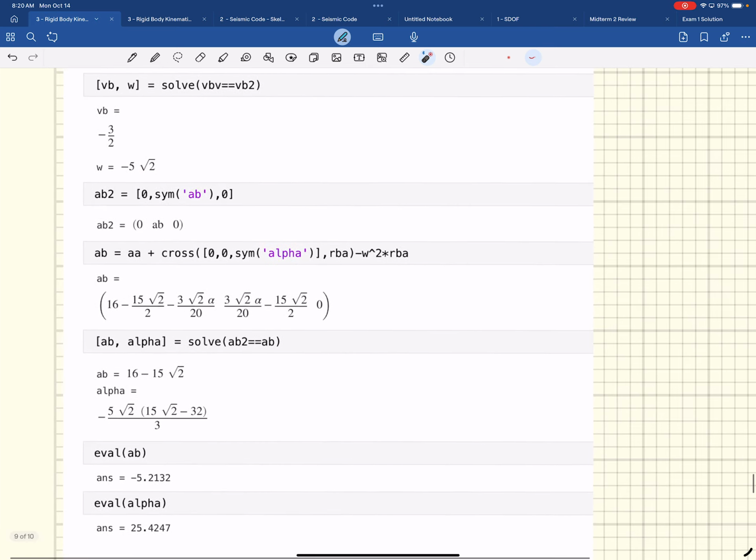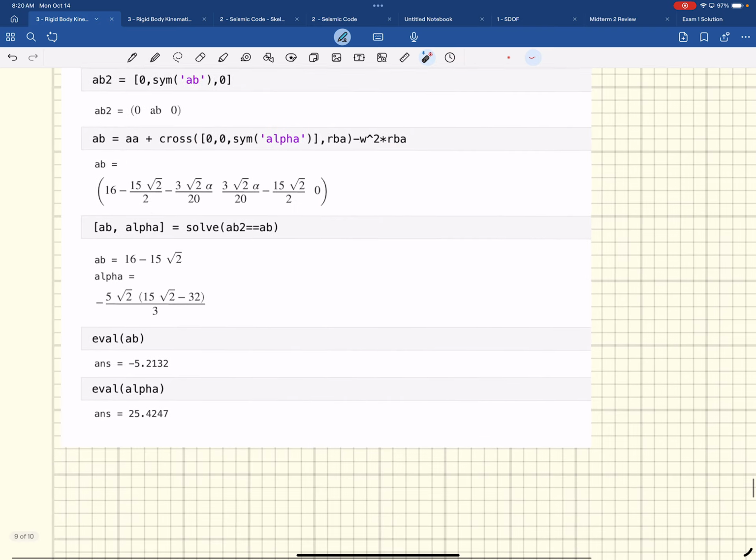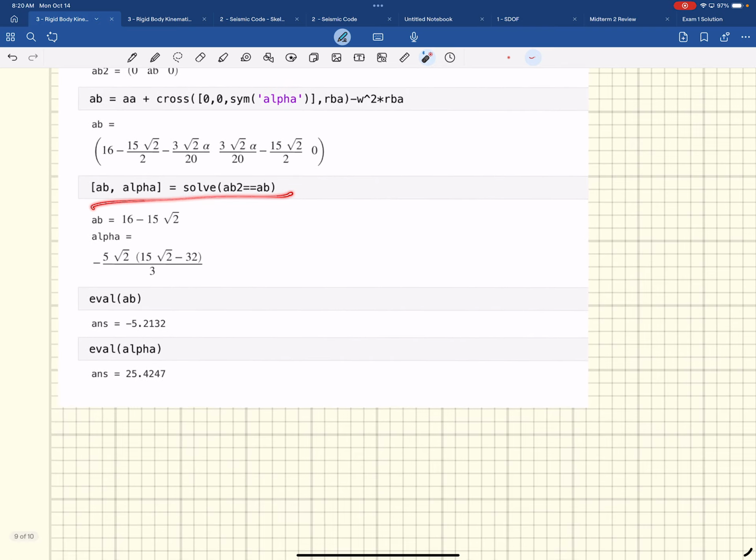Then I kept going and found my accelerations: the acceleration of A plus the cross of these things minus omega squared, and let MATLAB take care of that. Again I solved, setting the left-hand side equal to the right-hand side, and said, tell me what those numbers actually are. That's what the last steps are. The eval is like, tell me the actual numbers. And there they are. That's what we just found.